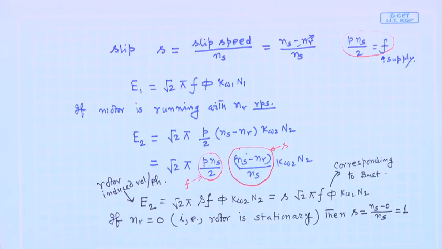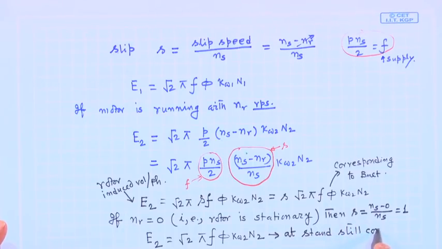Slip is then 1, and if slip is 1, the rotor induced voltage per phase is root 2 pi f phi k_w2 N_2. People say this is at standstill condition. So, put s equal to 1.